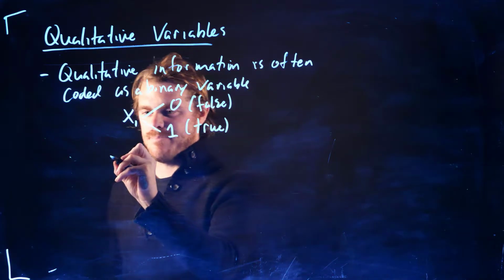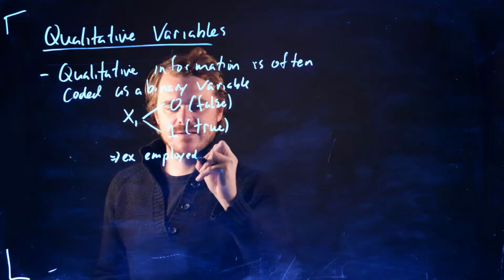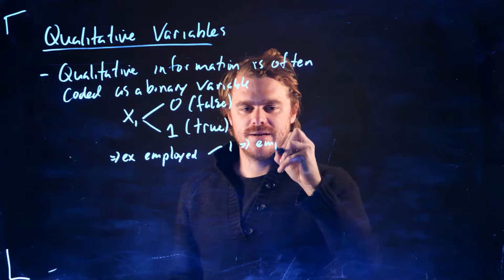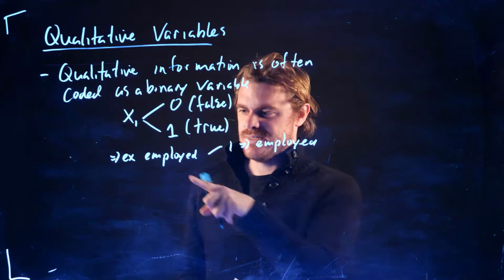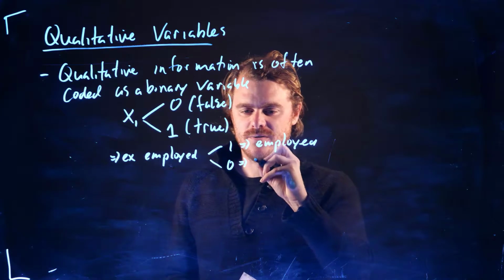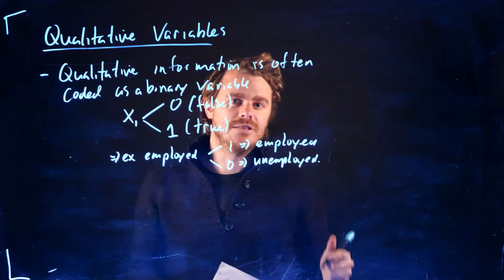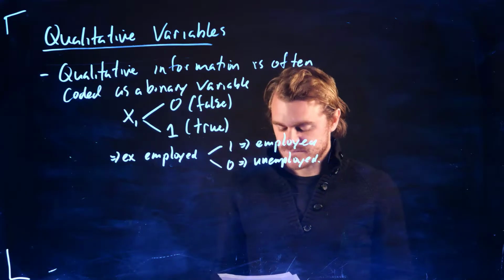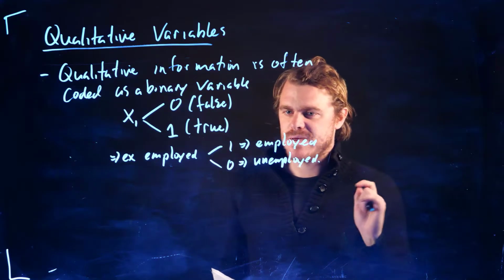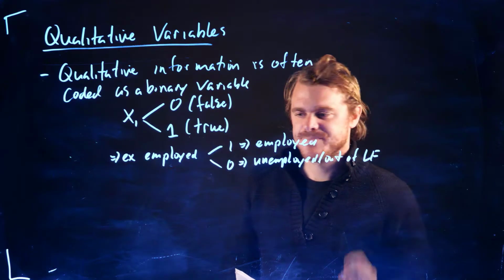So if we had a binary variable, whether someone's employed or not, 1 means the person's employed, so this variable is true, and 0 would mean that they're unemployed, or alternatively out of the labor market. That would take both of those rather than just being unemployed. Out of labor force or something.